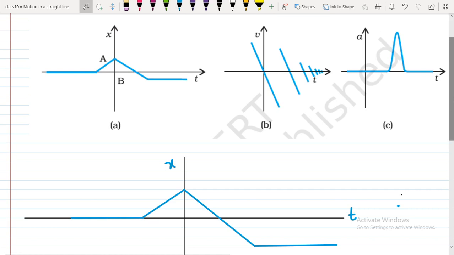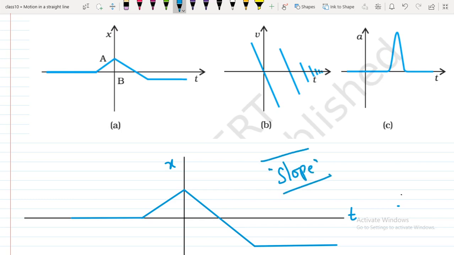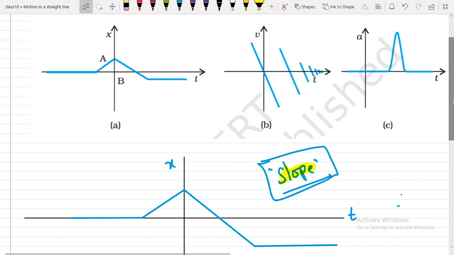Now let us try to describe this position versus time graph. Whenever you look at position versus time, look for slope. The slope gives the velocity of the object, because slope is x by t, that is velocity, or we can say velocity v equals dx by dt.